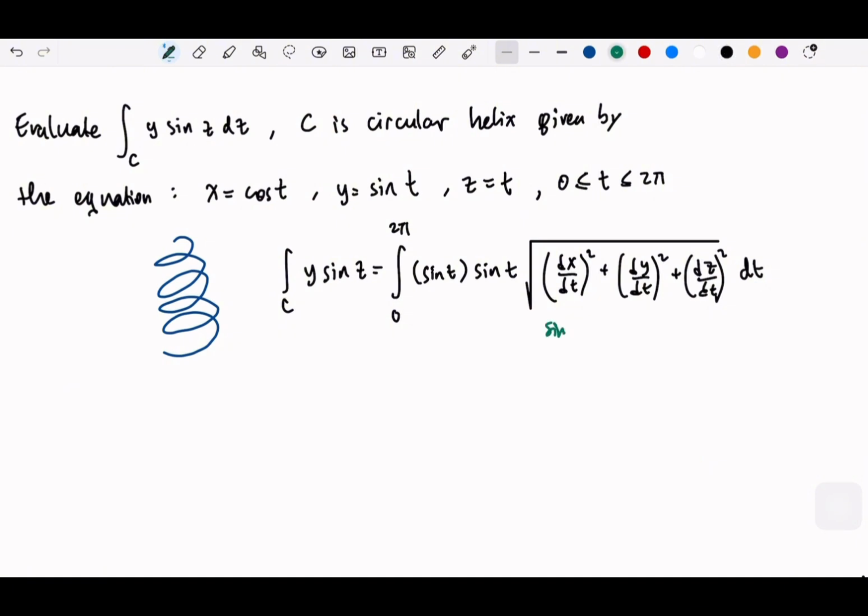So this is sine squared, this is cosine squared, and this is plus 1, right? So this is 1, so this is 2.